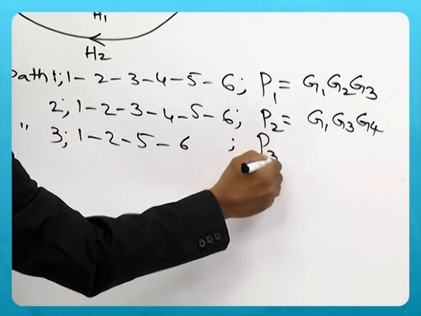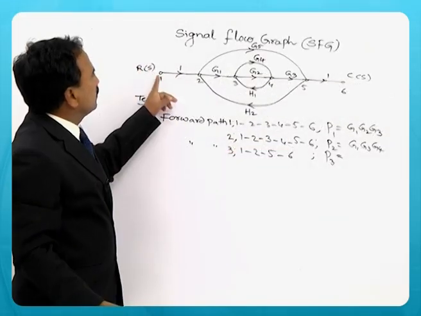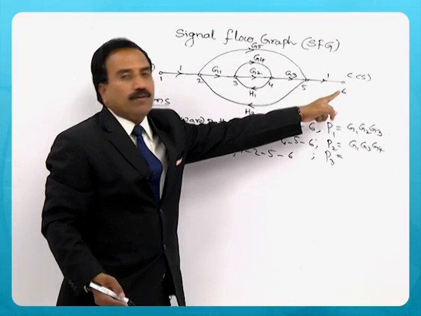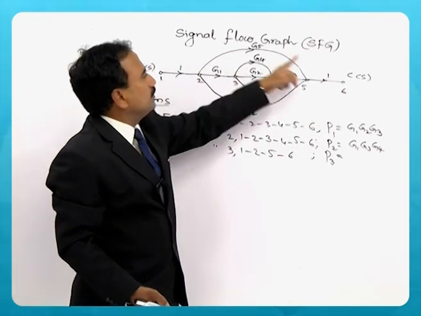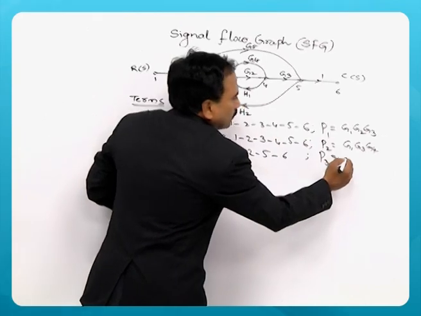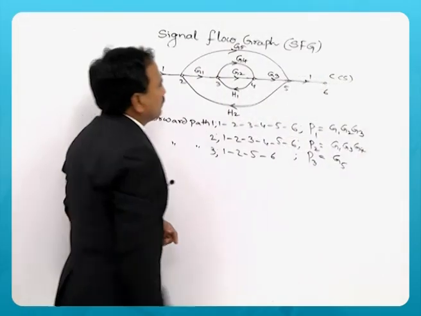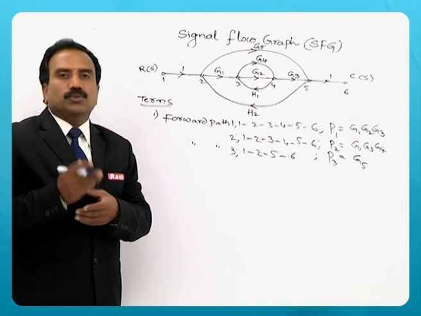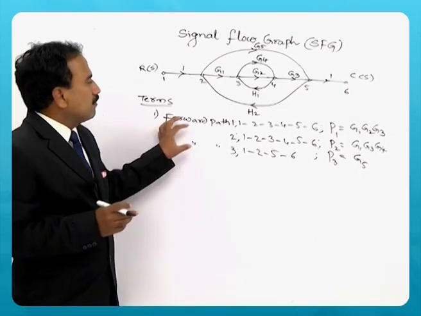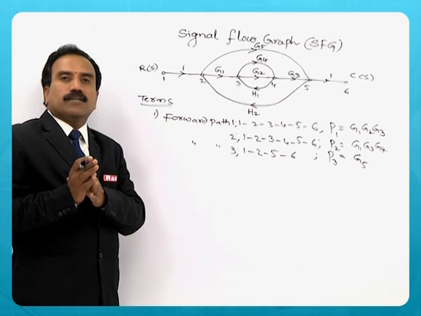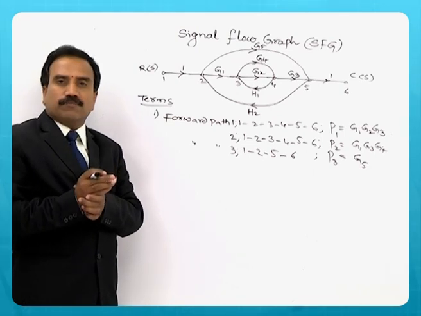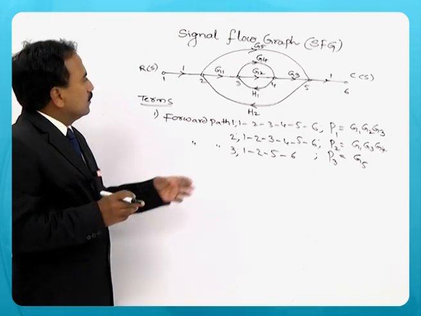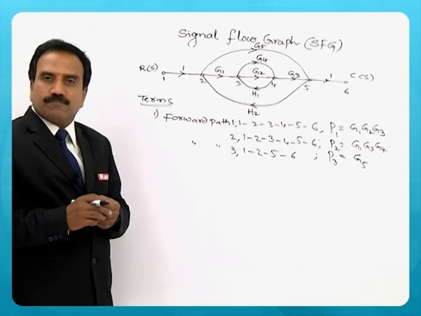The gain of that path is 1 into G5 into 1, so it is only G5. In this way you should identify how many forward paths exist in the given signal flow graph. So, 3 forward paths exist.